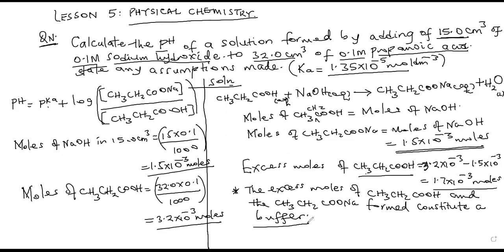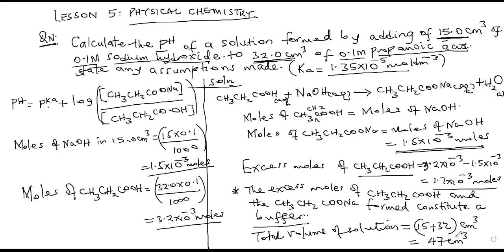Now, you realize that after we had 15 cubic centimeters and then added 32, the total volume of the solution is going to change. So we get the total volume of the solution, which will be 15 plus 32, which is going to give us 47 cubic centimeters.